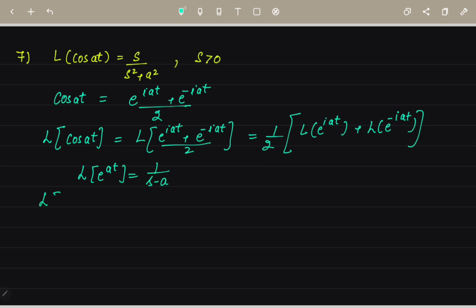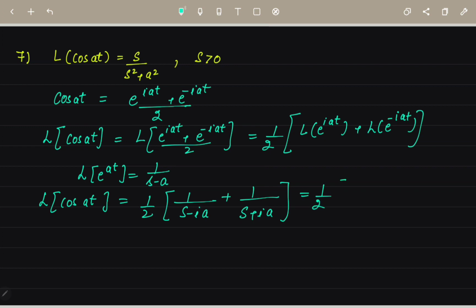So we have Laplace transform of cos of at. This goes to 1 by 2 times 1 divided by s minus iota a. Then the other term will be plus 1 divided by s plus iota a. Okay. So now taking the LCM, we have 1 by 2.